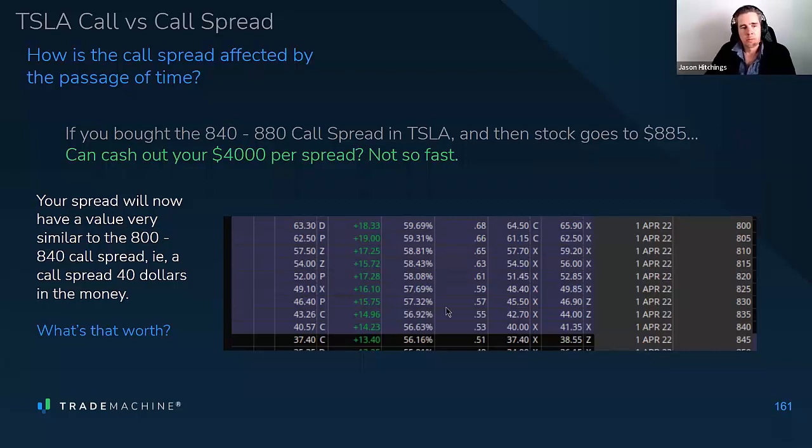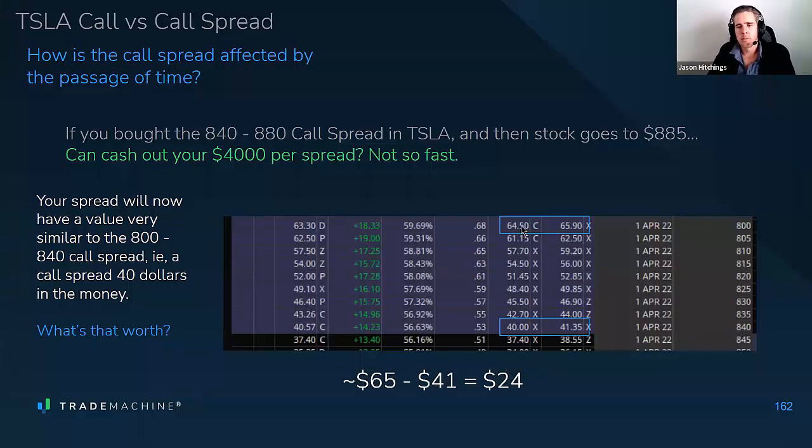So let's look at the 800, 840. Tesla's trading, when I took this snapshot, at around 840 or a little above. So when we look at a call spread that's $40 in the money, what's that going to trade for? Is it going to trade for $40? If so, then I'm wrong, and you can just cash out the $4,000.